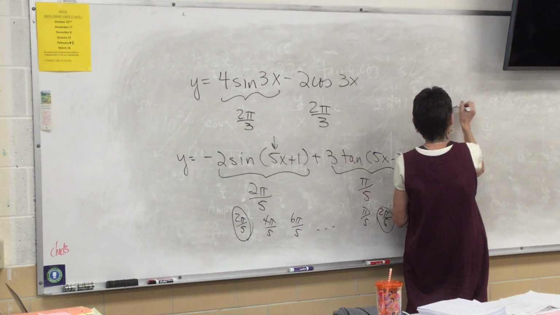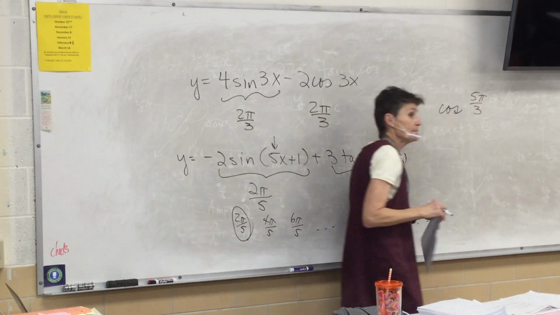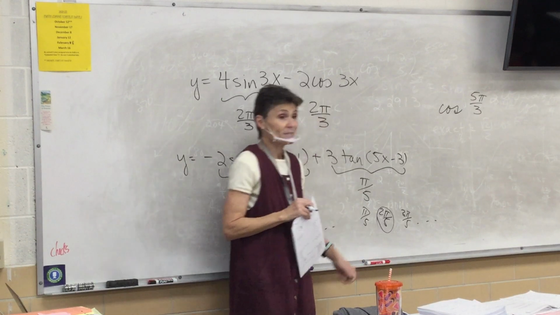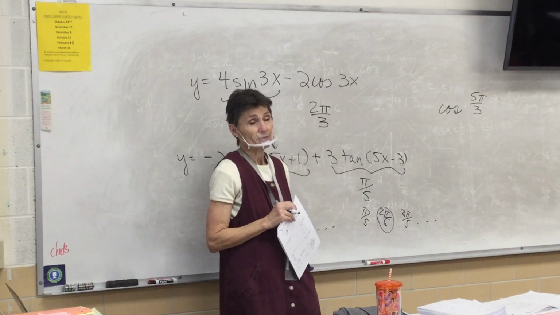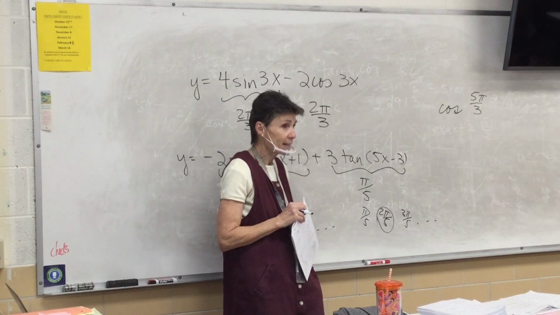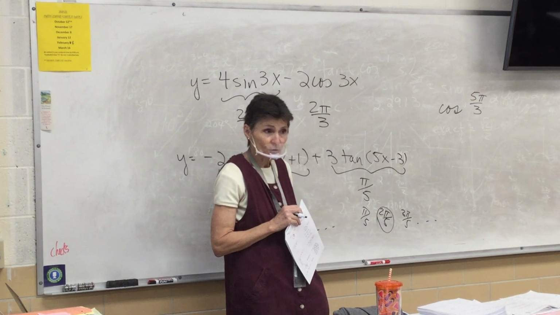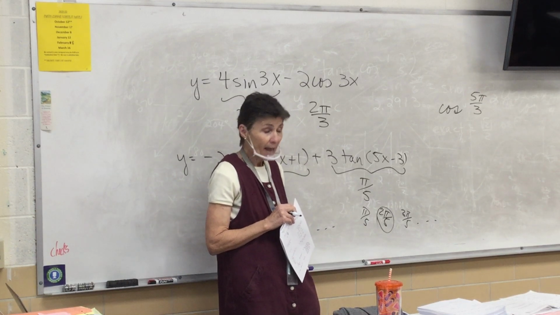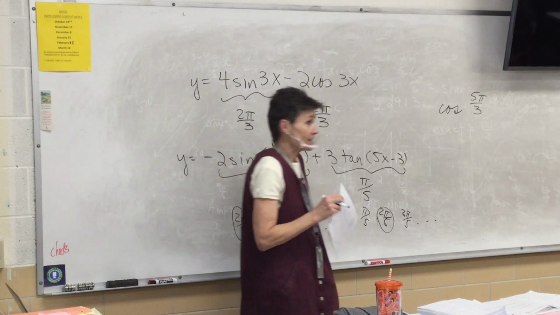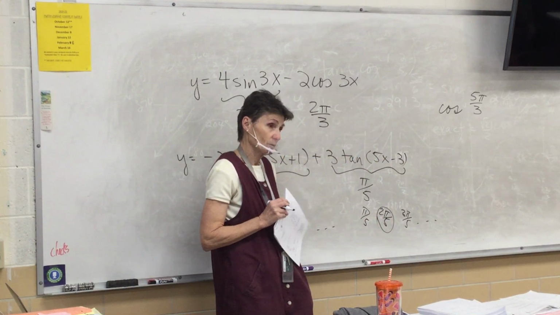We're finding the exact value of cosine 5 pi over 3. Now, some of you have issues with exact value. That means by hand. That is not type it into your calculator. Exact means your answer is a radical. Okay, probably a radical.